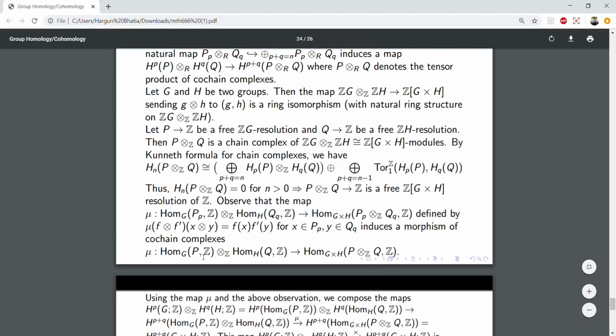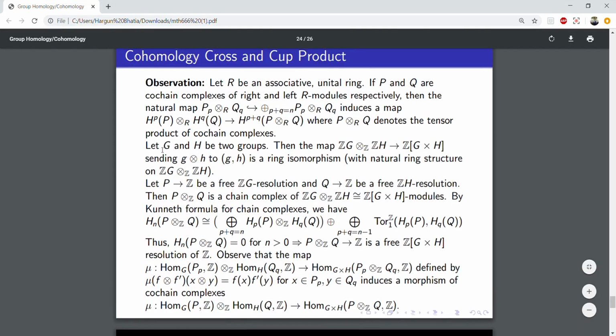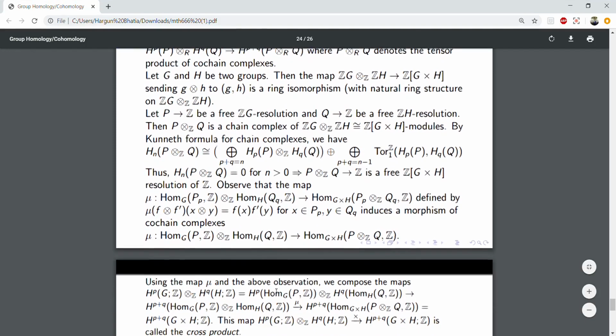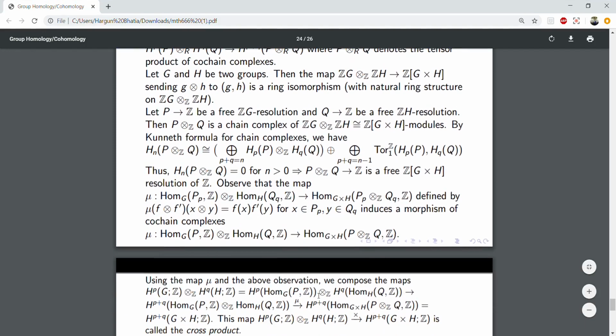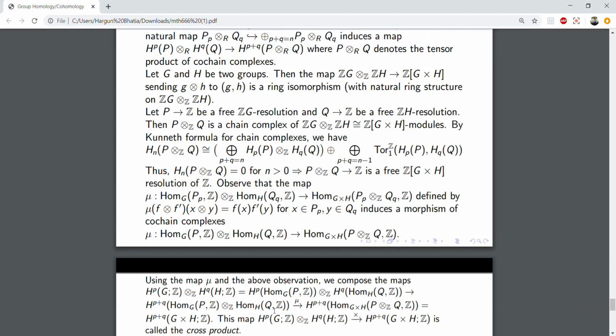If you take this cochain complex as your P here, and this cochain complex as your Q, under this observation I know that there's a natural map from the pth cohomology of this cochain complex tensor the qth cohomology of this cochain complex to the (p+q)th cohomology of the tensor product of these cochain complexes, just by the above observation.